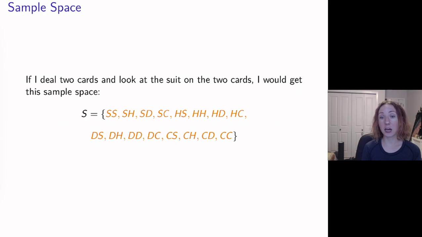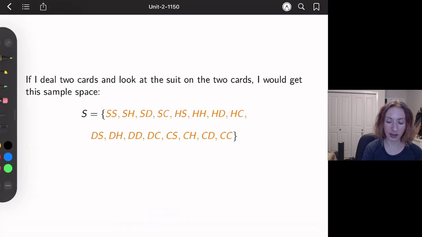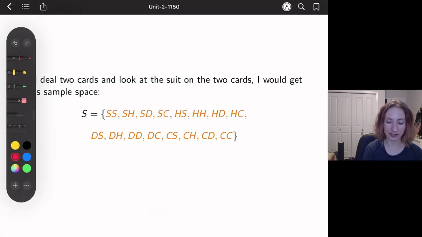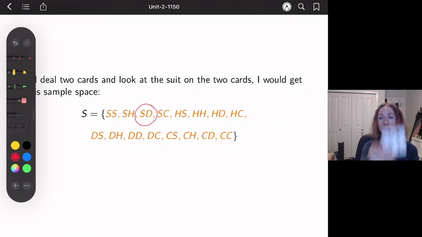What I narrated out loud was, I got a spade and a diamond. So my outcome is going to look like this: SD. I got a spade and then a diamond, which is different than if what had happened was this: I got a diamond, I got a spade. You hear me say something different, that makes it a different outcome. That's why we also have the outcome diamond, spade.